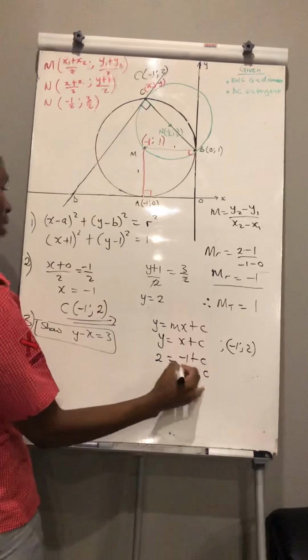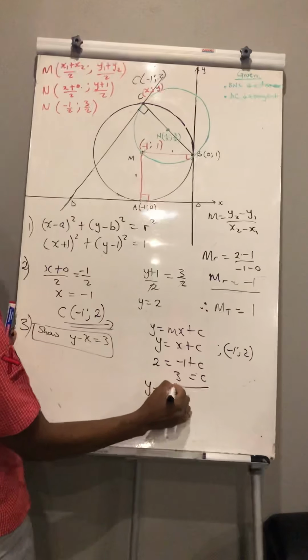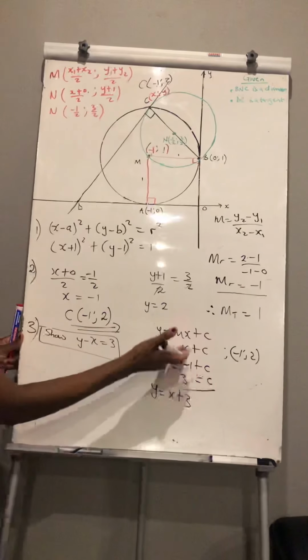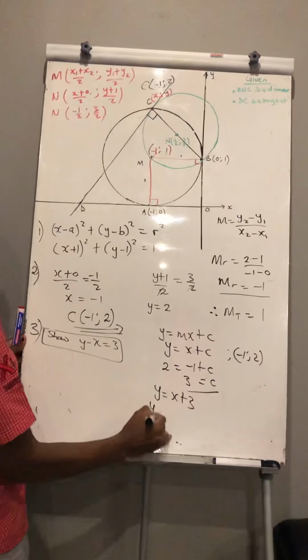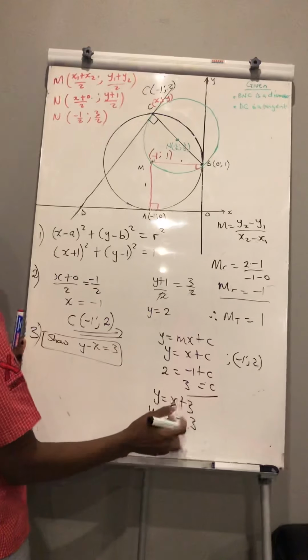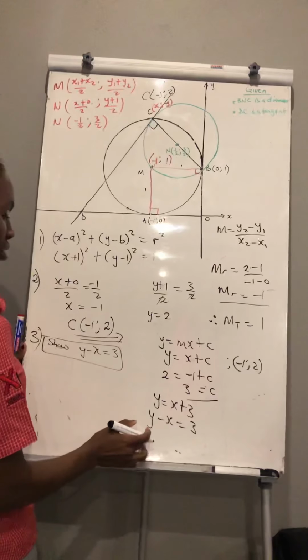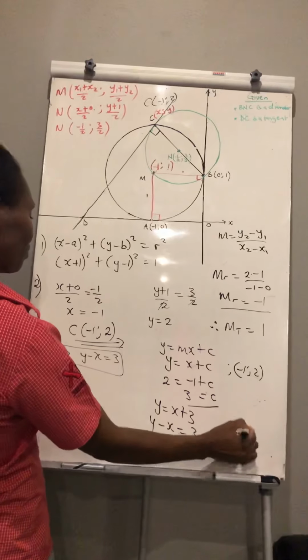Like this. That's how we see our c is 3. So this line should be written as y is equal to x plus 3, but if we want to put it in this form, we would just take x to the other side, and then we should have this equation. So we managed to prove it like that.